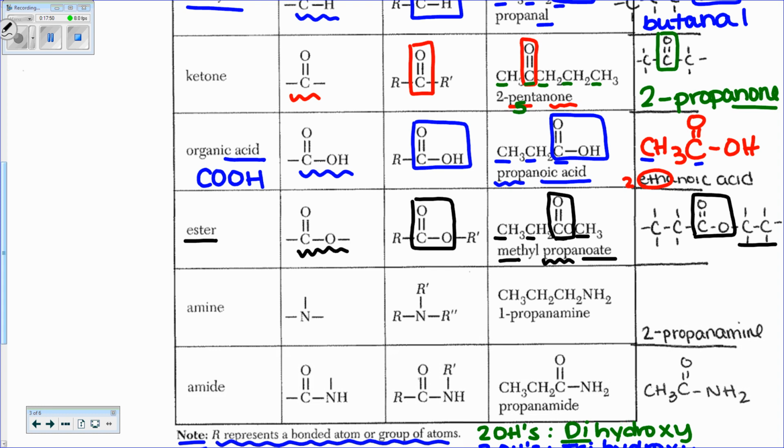I say 2 with eth, so ethyl. And then I'm going to go back over here, and I'm going to say, okay, 1, 2, 3 C's, so prop. And I'm going to steal the rest of the word: anoate. Ethyl propanoate. So the only difference was I changed how many C's are on the end.